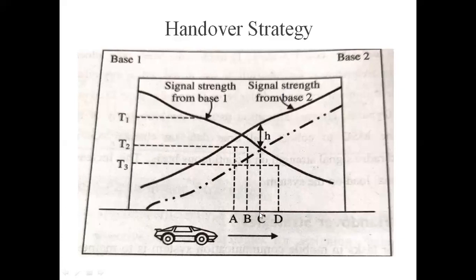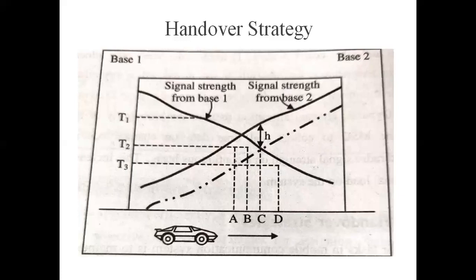In both the cases, at point C and at point D, there can be all the threshold values, and the relative signal strength is now getting lowered relative to the current base station, and automatically the target base station, which is base station 2, is getting higher and higher signal strength.